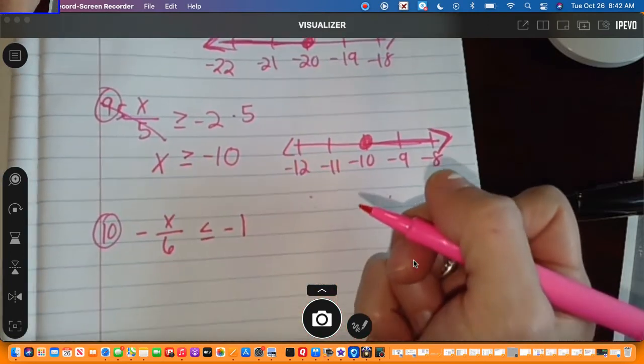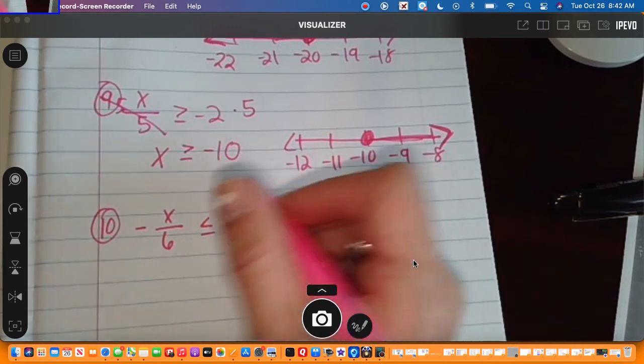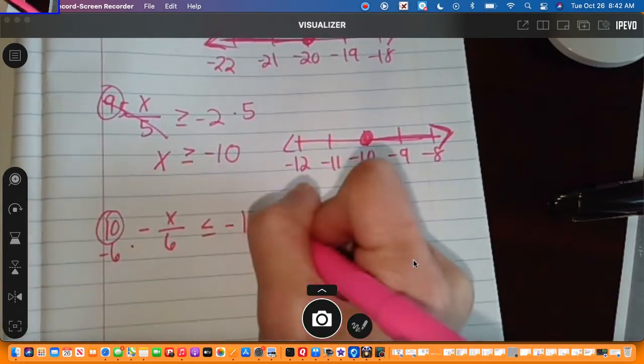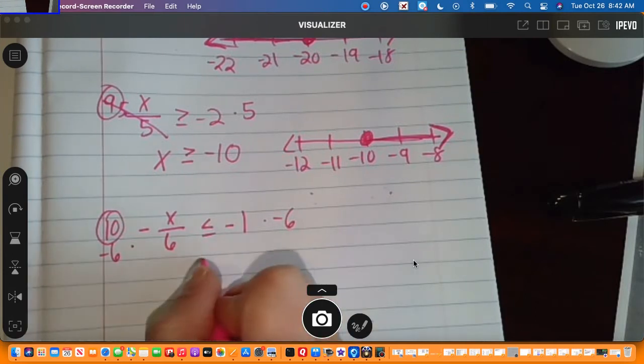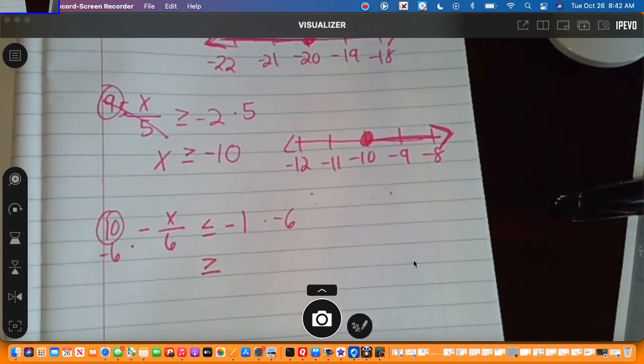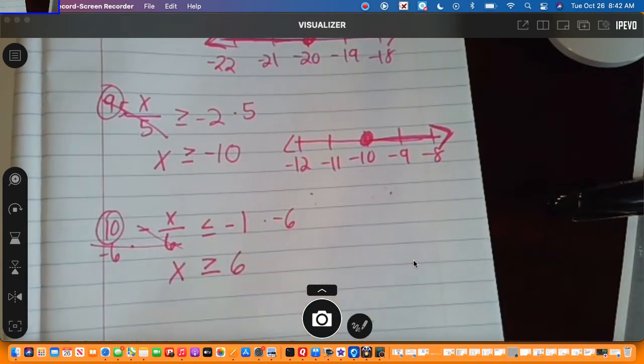Aston, this is what you were saying. On this one, I'm multiplying by -6. Since that number is negative, the very first thing you should do is flip that sign. Now let's start to cancel stuff out. Okay, I get x and 6. Okay?